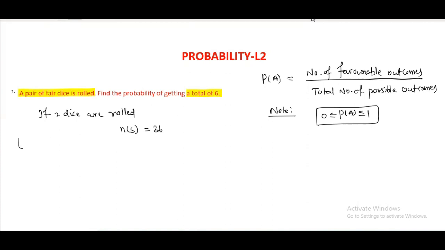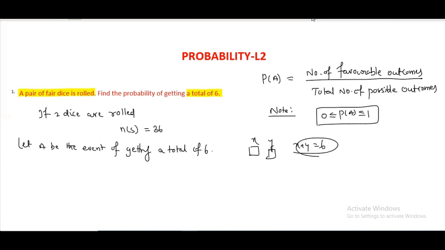Let A be the event of getting a total of 6. That means when we are throwing two dice, the numbers that come up, x and y, should sum to 6. That's what they're asking.